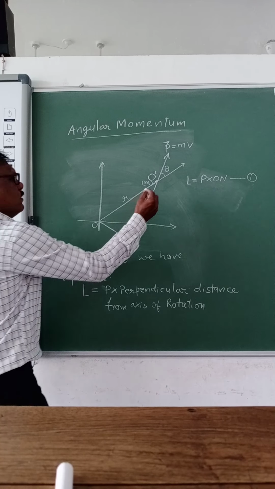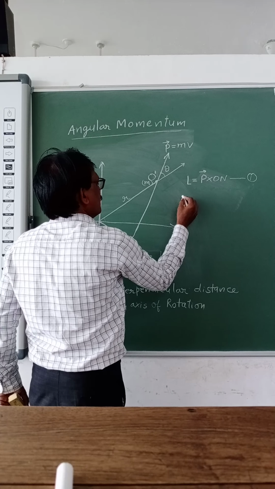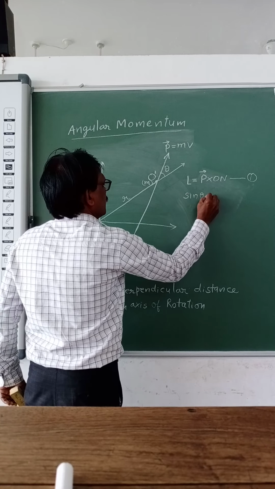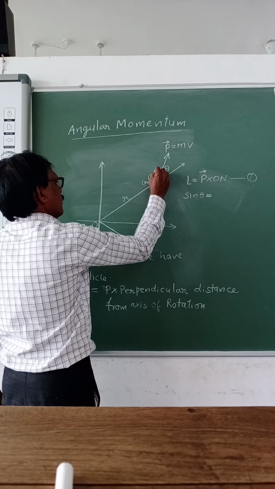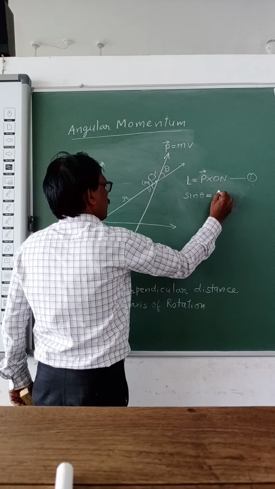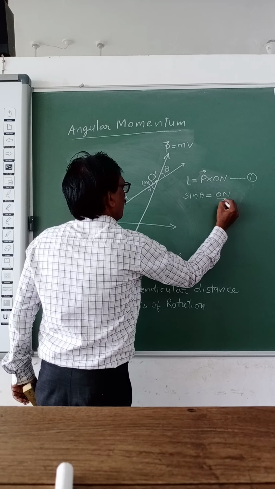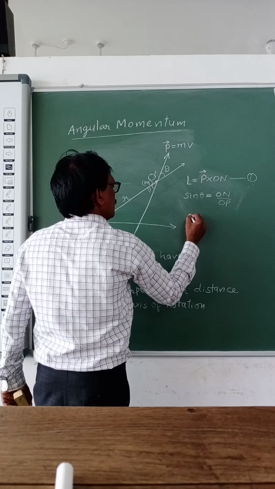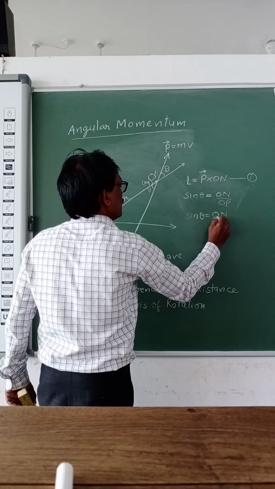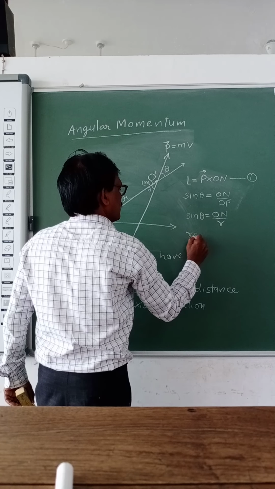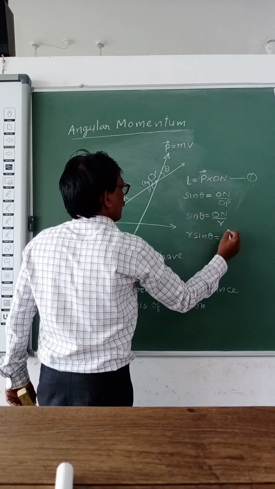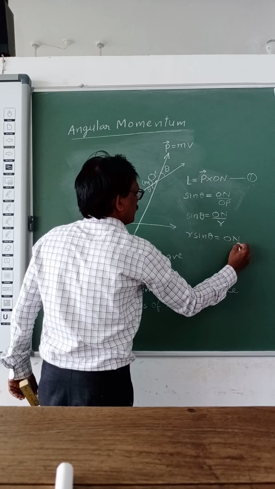We can calculate ON by using trigonometry: sin theta equals ON upon OP in this triangle, where this angle is theta and this is the perpendicular. OP is R, so we can say R sin theta equals ON. This will be equation number 2.